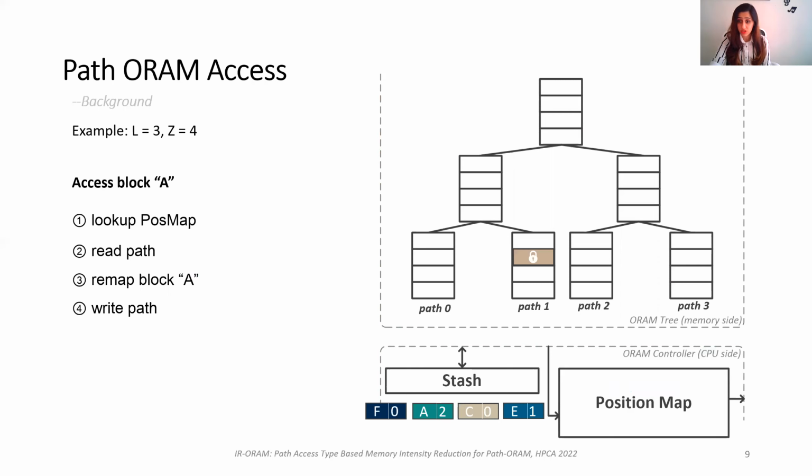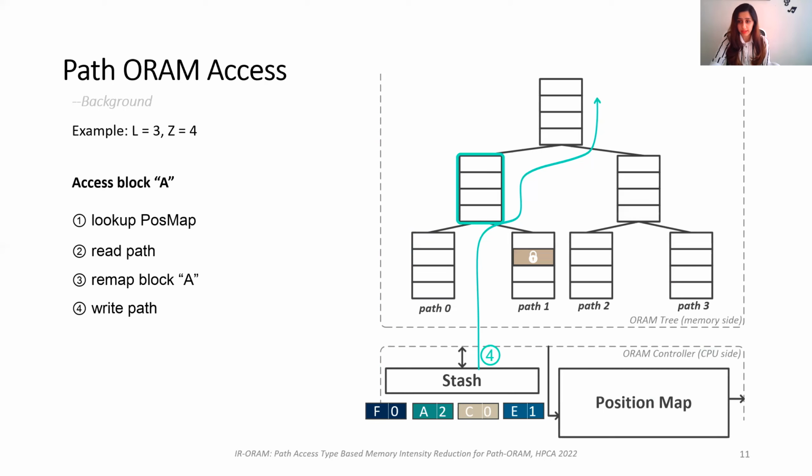At last, it's time for the write path operation to write everything back to the tree. Starting from the leaf, considering this bucket, only blocks with path ID 0 can go here, like blocks F and C. The next bucket can accommodate blocks with path ID 0 and 1, since both path 0 and path 1 cross this node.